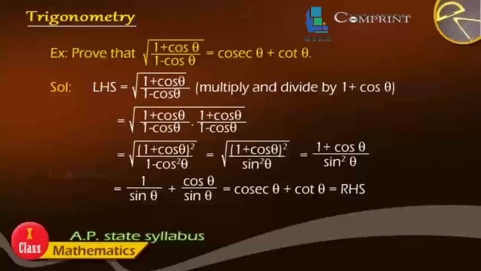Multiply and divide by 1 + cos θ. √((1 + cos θ)/(1 − cos θ) × (1 + cos θ)/(1 + cos θ)) = √((1 + cos θ)²/(1 − cos² θ)) = √((1 + cos θ)²/sin² θ) = (1 + cos θ)/sin θ = 1/sin θ + cos θ/sin θ = cosec θ + cot θ = RHS.